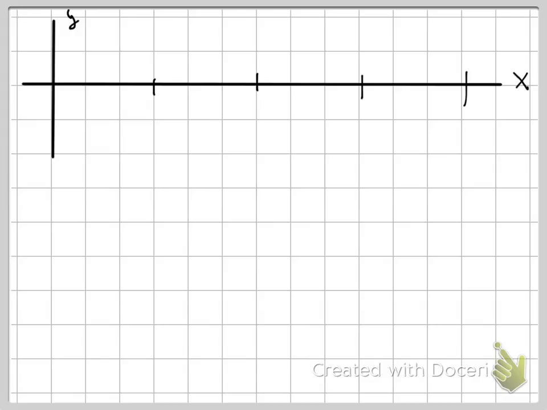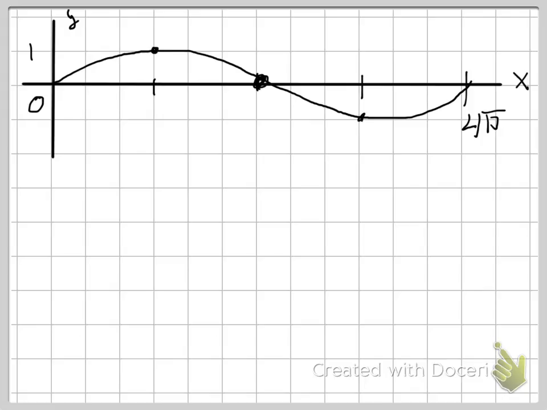Alright, so our graph is going to look like this. Okay. I'm going to call this 0. Oh, let's pretend it went through the midpoint there. I'm going to call this 4 pi. And here's 1, here's negative 1.